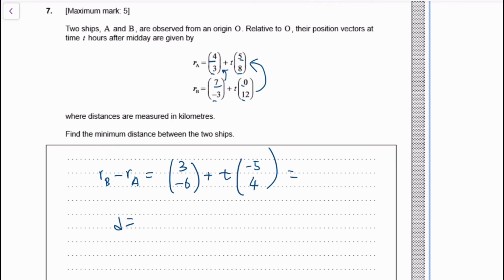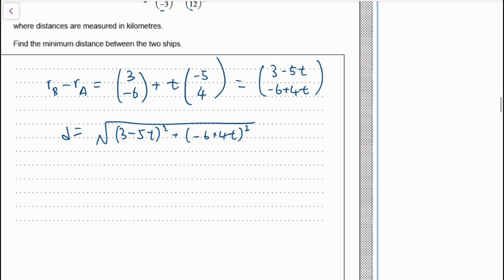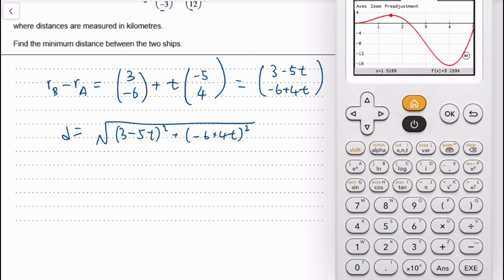Well, this vector is really 3 minus 5t and minus 6 plus 4t. So the distance is really 3 minus 5t squared plus negative 6 plus 4t squared. So we just need to minimize this, which is easy because we have a GDC. Right. Okay. I hope my GDC can do this time. It has been quite disappointing.